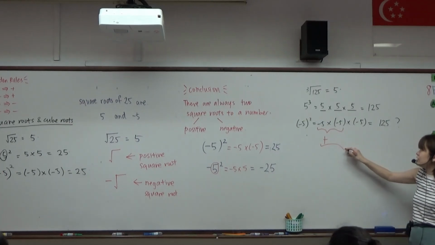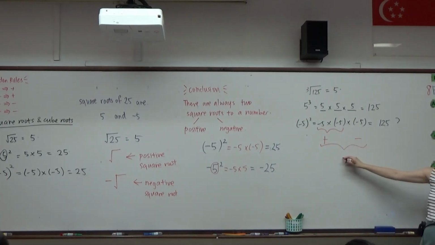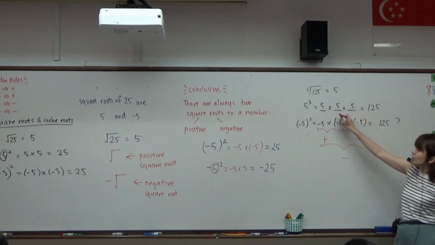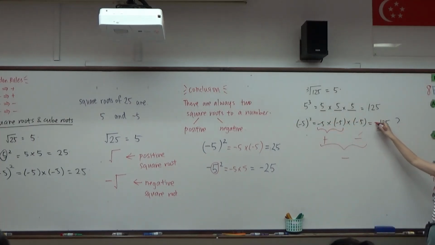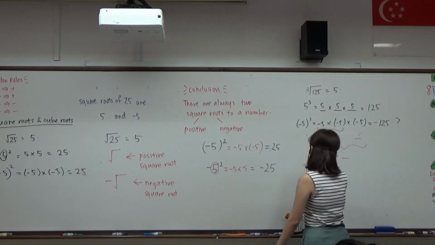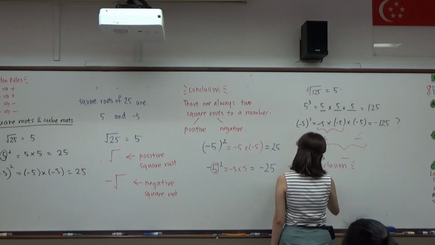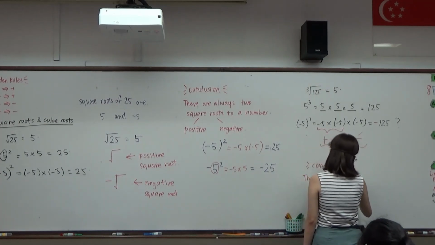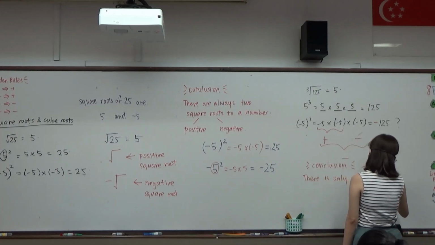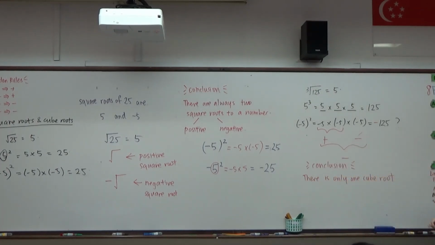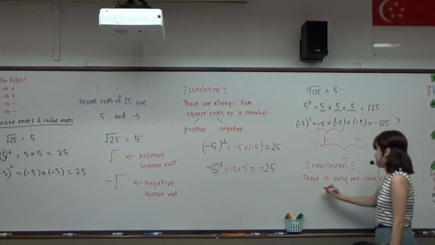Then positive and the negative over here gives us a negative. So overall, everything should give you a negative 125. So therefore, cube roots don't behave the same way as square roots. There is only one cube root to a number.